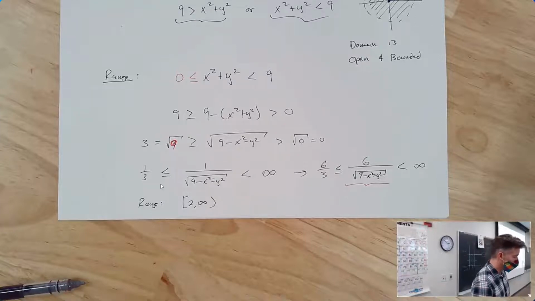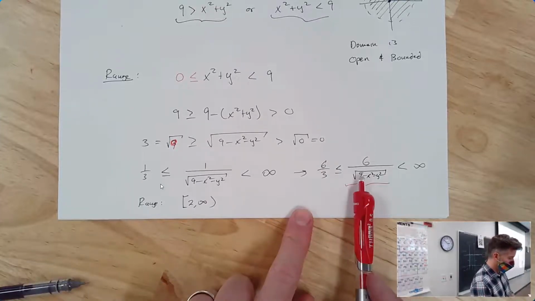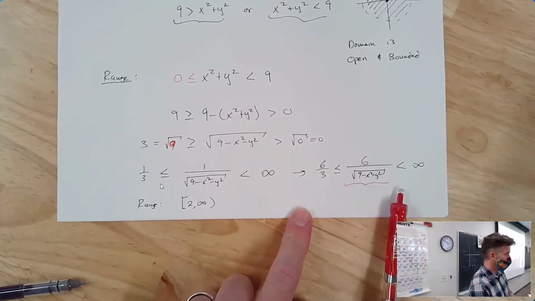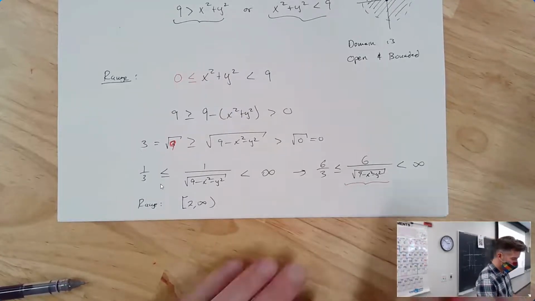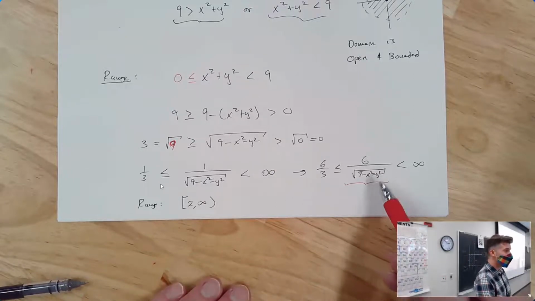And the largest that denominator can be is 3. There's no way for the denominator to be bigger than 3. I can't make that the square root of anything larger than 9 in there because I'm always subtracting stuff off of it. So that's why you have that. And then this can be as large as you want it to be by making the denominator very, very, very, very, very close to 0.